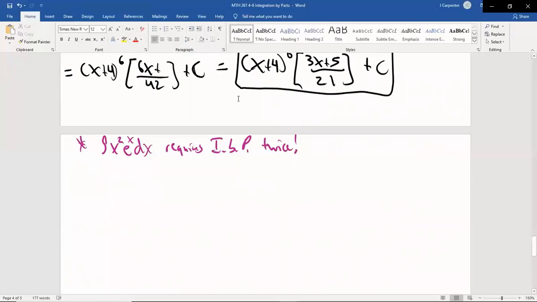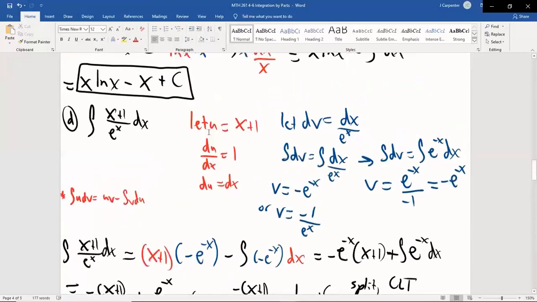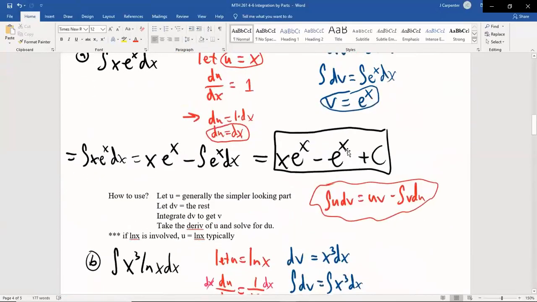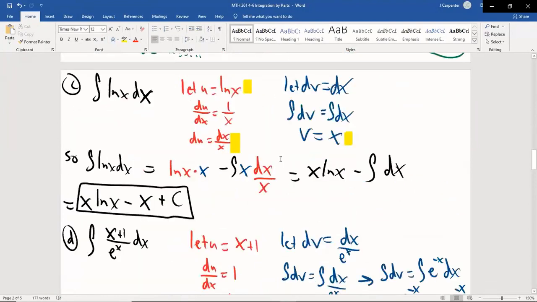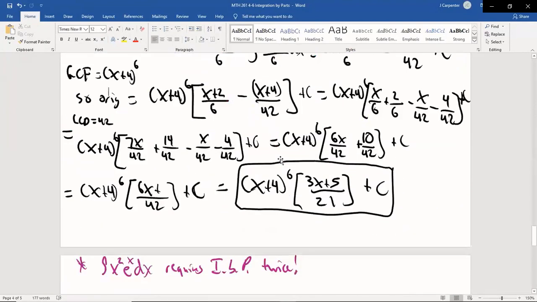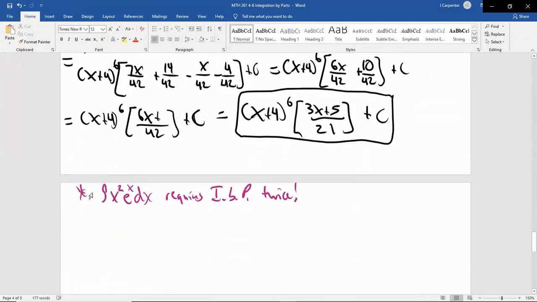Now what you could do is you could say, well, I already did that problem earlier and I know that the integral is this thing right here. So let me just go ahead and borrow that information. And on a test, that's exactly what I would expect you to do to save yourself some time. So point being, this could be a theoretical test question that involves two integration by parts.